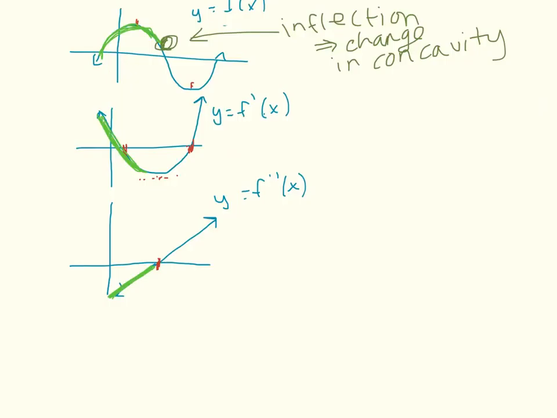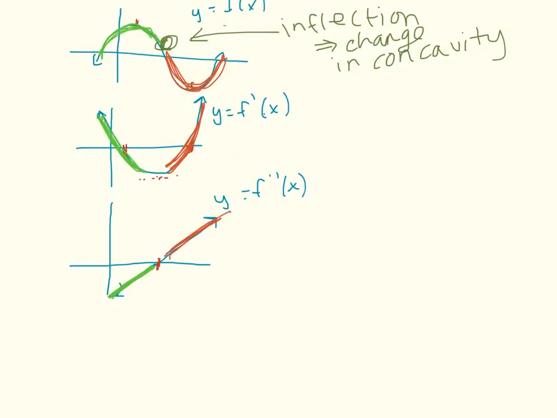And if I look at my curve when I'm concave up, in this region here, concave up, sorry, I'll notice that my derivative right there is increasing, which means my second derivative right there is positive.